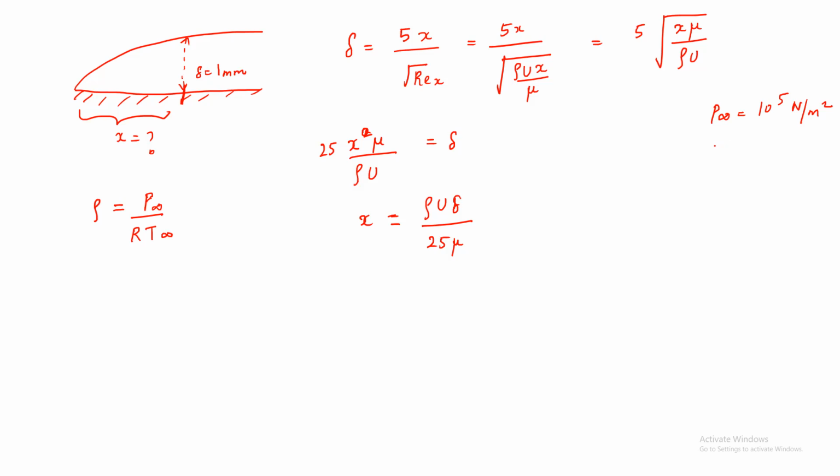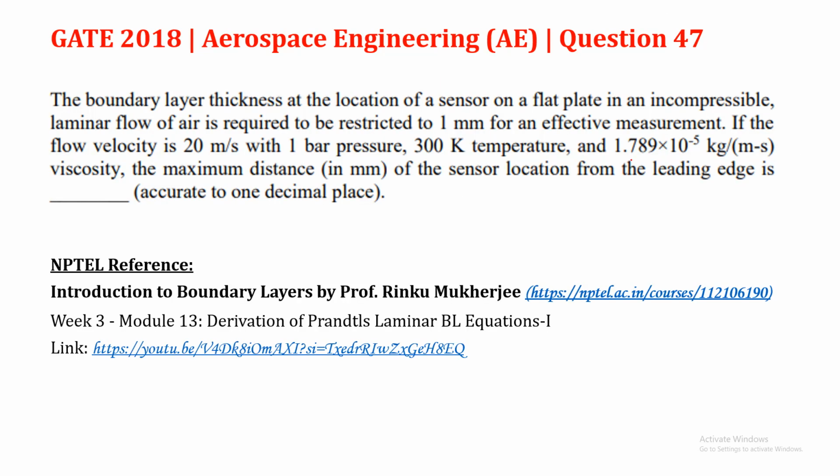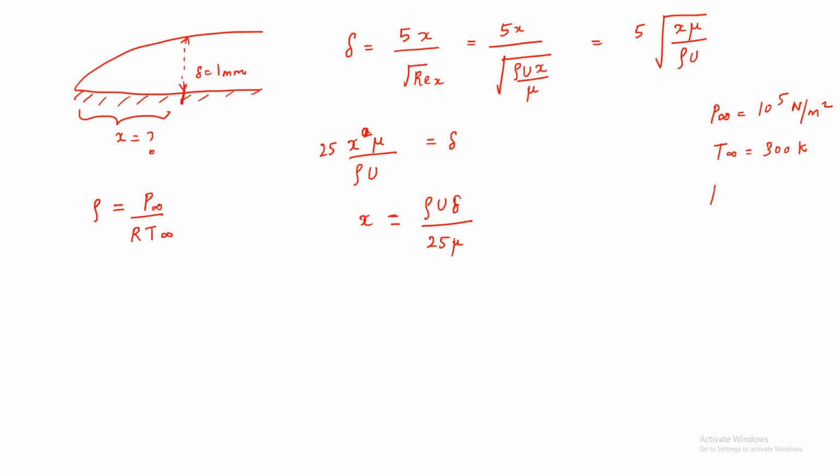Our temperature T infinity is 300 Kelvin, and our viscosity is 1.789 into 10 power minus 5 kg per meter second. From this we can find our rho. Let's substitute this here: x equals P infinity u delta by R T infinity into 25 mu infinity.